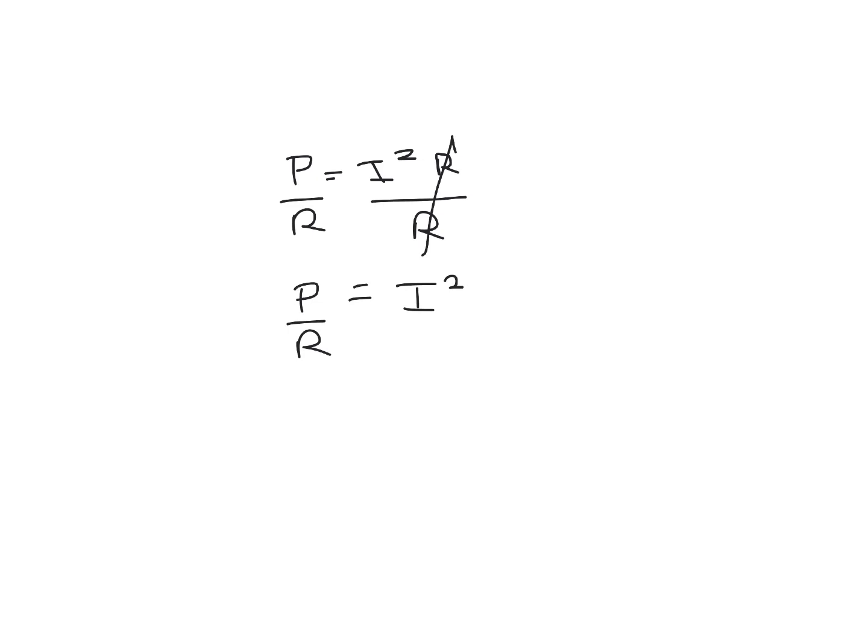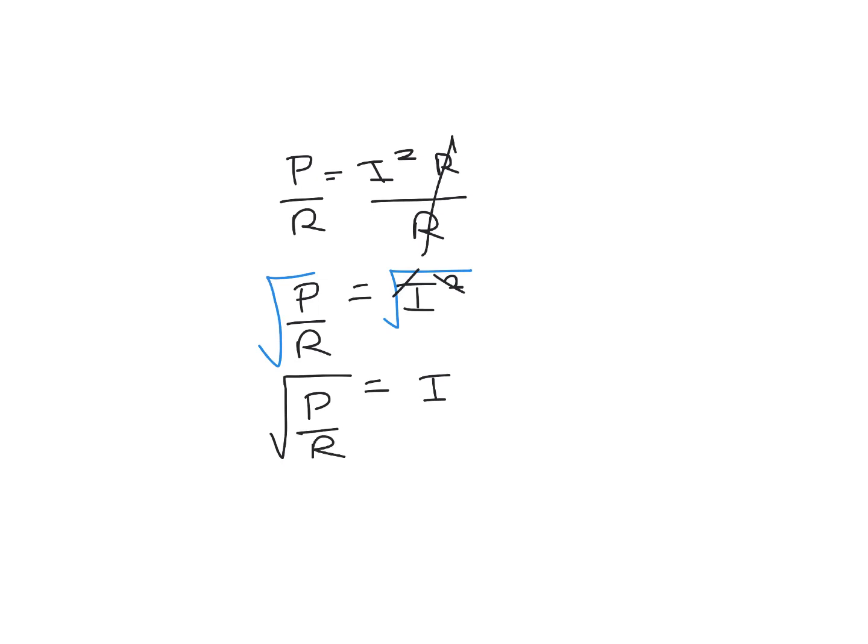If we want to get the I by itself, we have to do the opposite of a square, which is the square root. And now we're going to have left, because they're going to cancel, the current is equal to the square root of power divided by resistance.